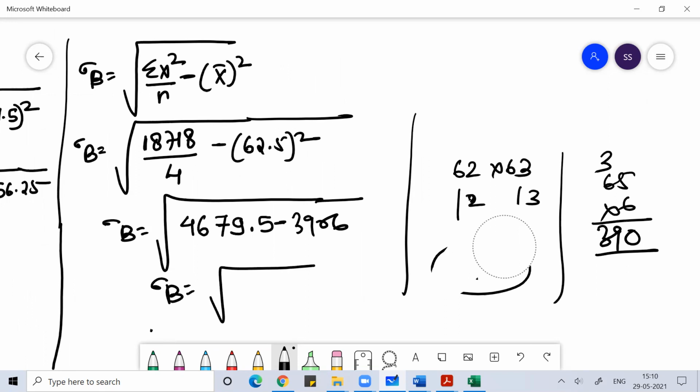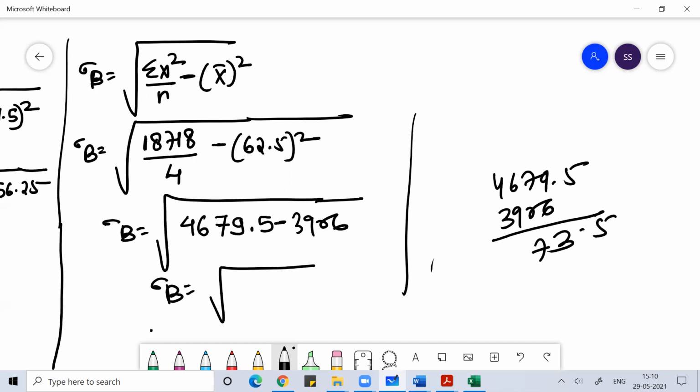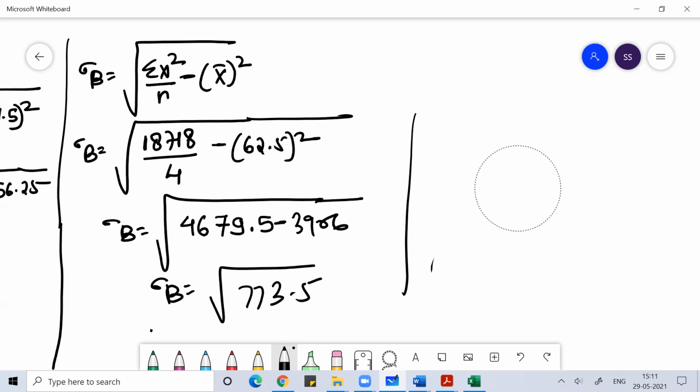The standard deviation of B is the square root of this value: 4679.5 minus 3906. This is 0.5. This is 37. Then 7, root of 773.5. Find the square root by the division method that I taught you.